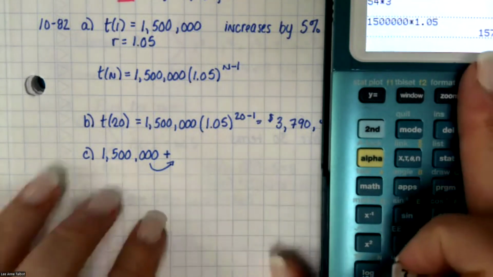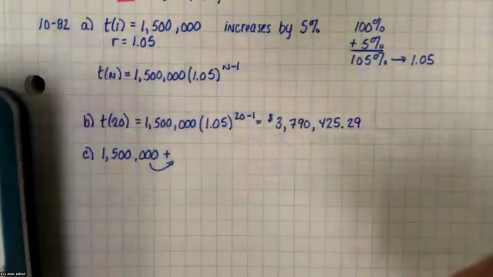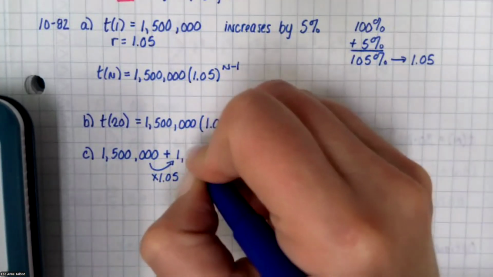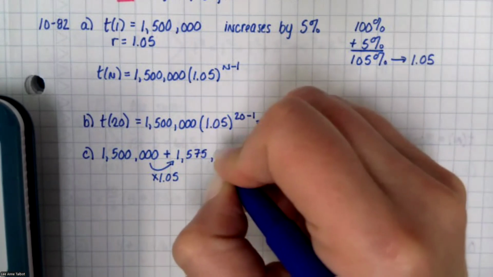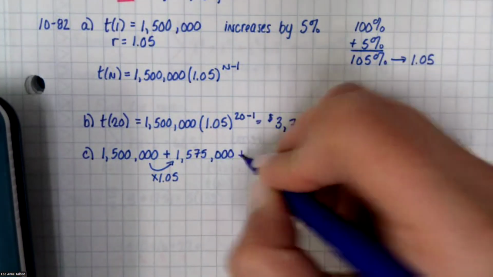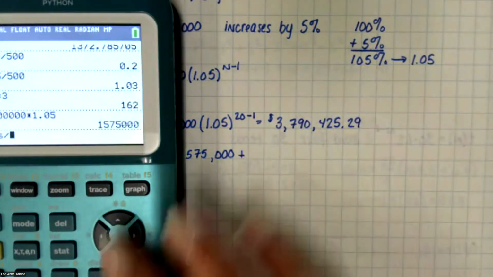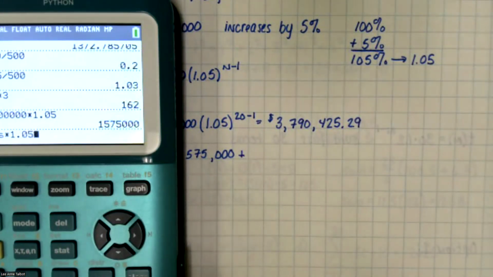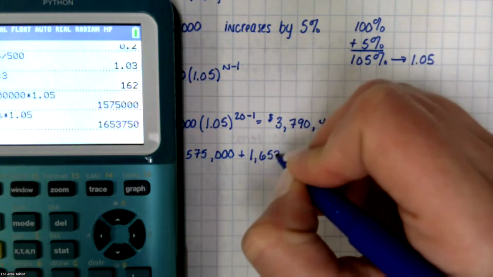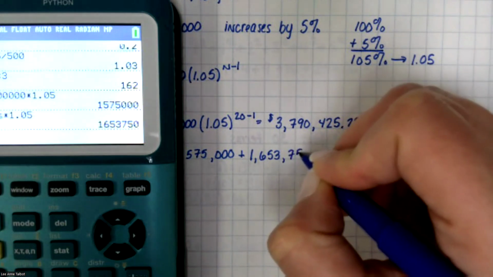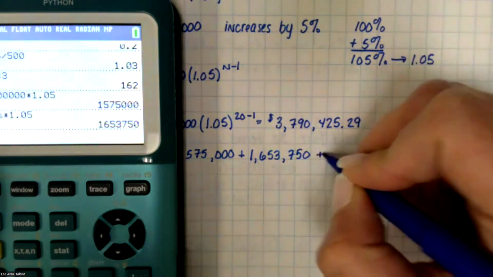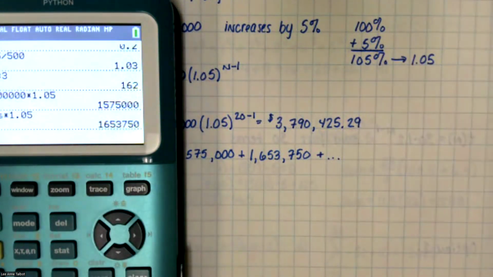The multiplier we decided was 1.05. So I multiplied 1,575,000 for the second year's payout. Still a lot of shrimp. Times 1.05. 1,653,750 plus... Now I'm getting too lazy.